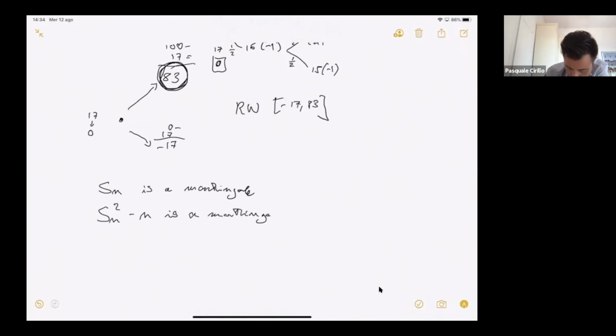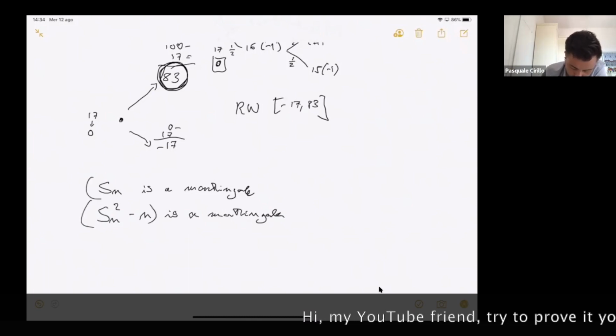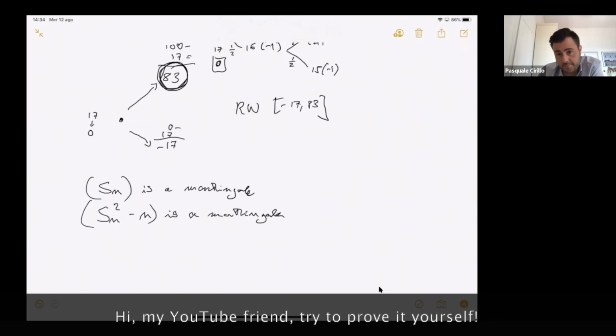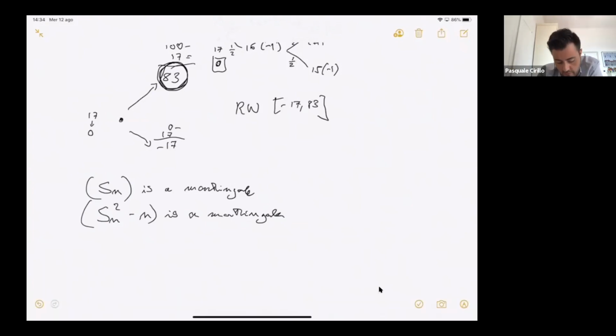Okay, this is what we have just shown a couple of slides ago. So these two processes are martingales. It means that if I take the expectation of Sn+1 given the value of Sn, this is Sn. If I take the expectation of Sn+1 squared minus (n+1) given what I know up to time n, this is Sn squared minus n. Okay, so this is what I have just shown.